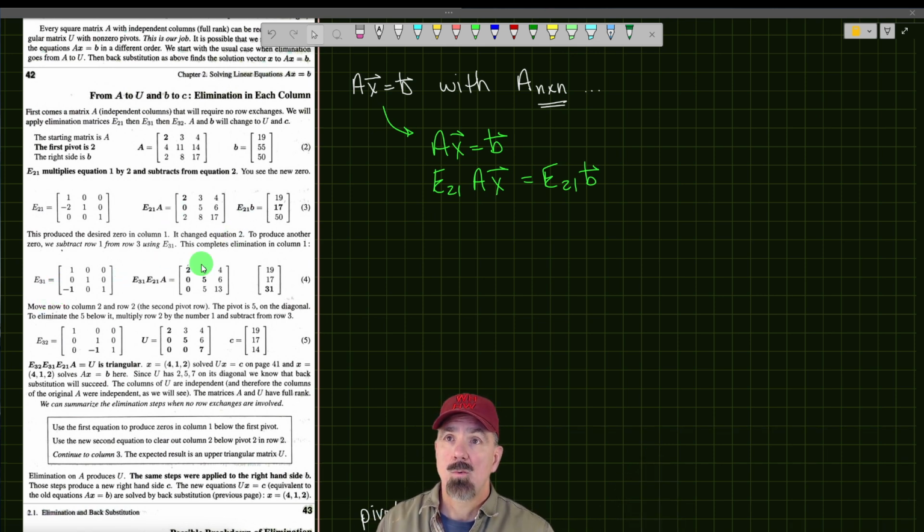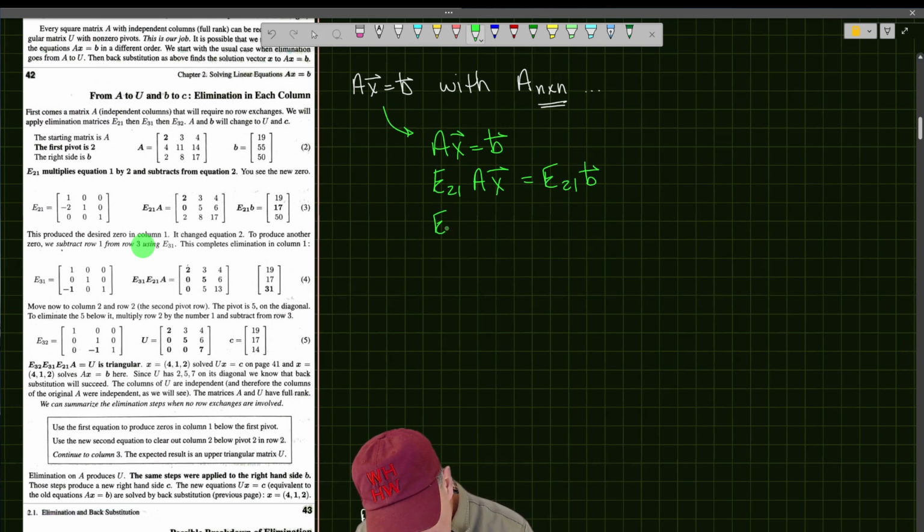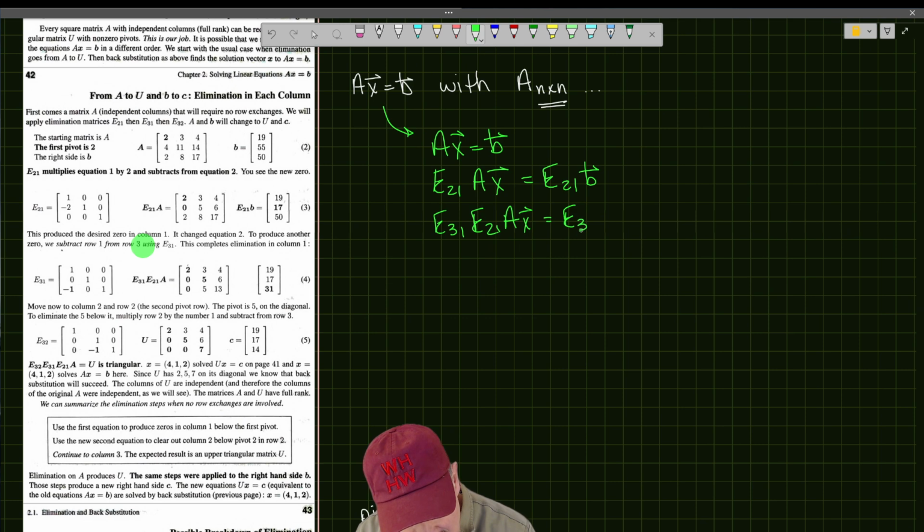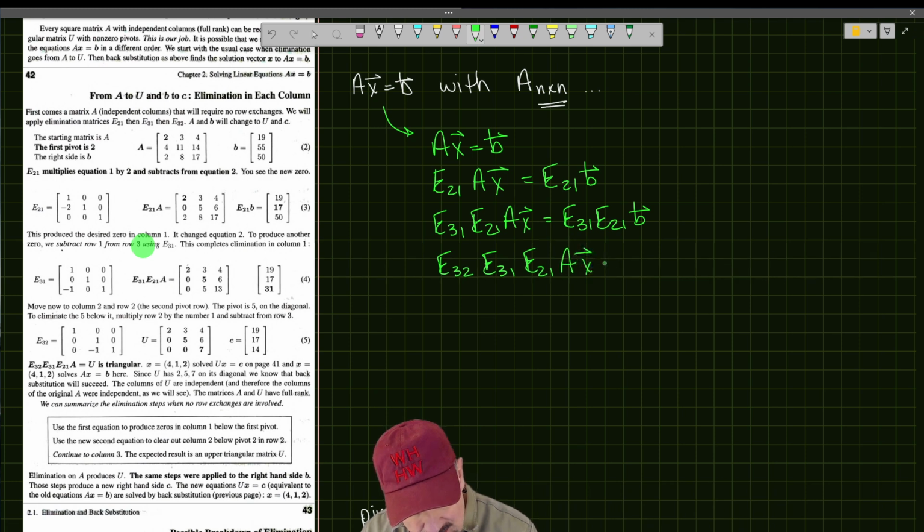All I want to do is point out that he is next applying E31 to E21 AX, and then again E31, E21 B, and then finally E32. So E32, E31, E21 AX is equal to E32, E31, E21 B.